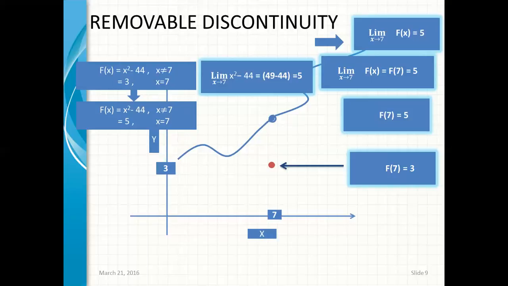So now f(7) becomes equal to 5, right? So now limit x tends to 7 of f(x) equals f(7) equals 5. So now I made the function continuous. What I've done is basically I've removed the point of discontinuity, I have altered the function, and I made it continuous. Such kinds of functions are called removable discontinuity functions.